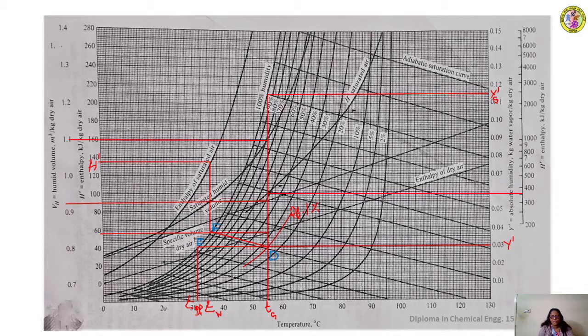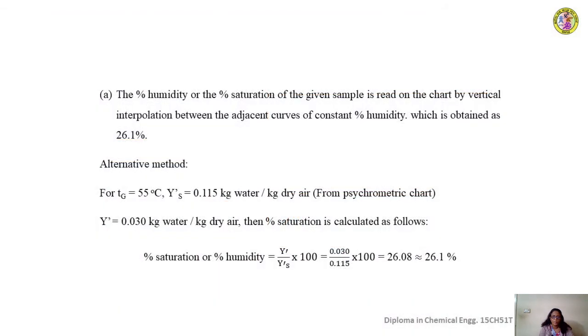Now let us tabulate all these values that we have obtained from the graph, and using these values you have to calculate the other characteristics of the vapor gas mixture. The percentage humidity or the percentage saturation for the given sample is read on the chart by vertical interpolation between the adjacent curves of constant percentage humidity, which is obtained as 26.1%.